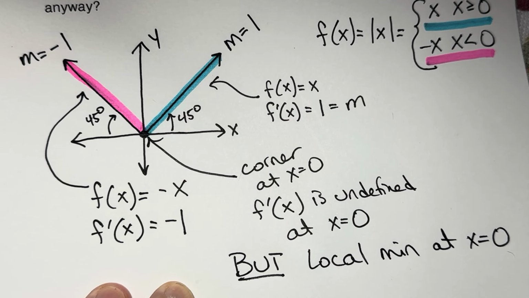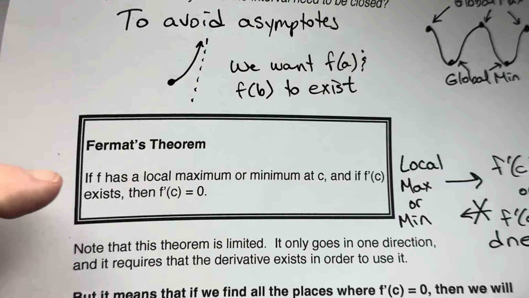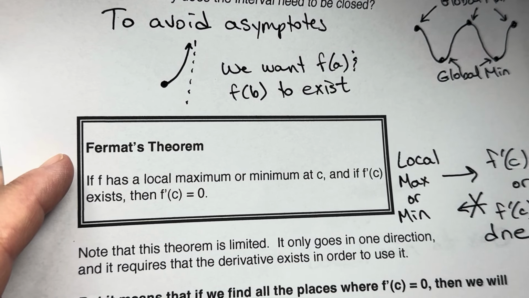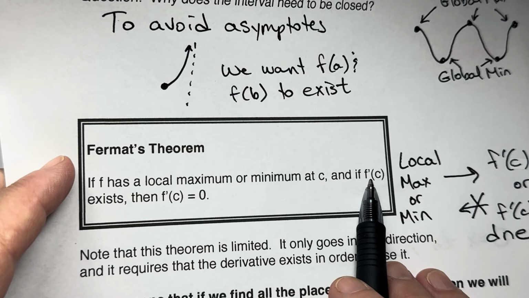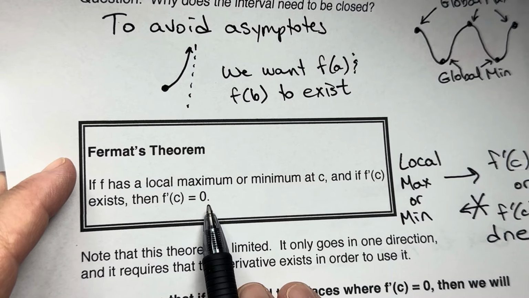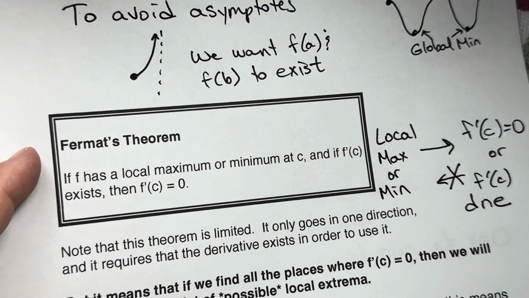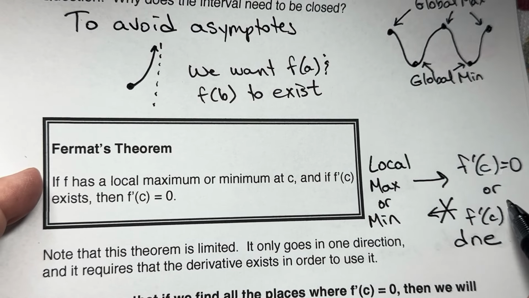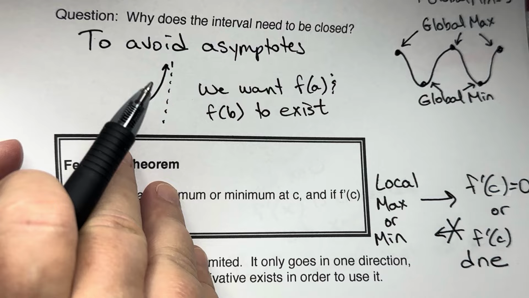And if we go back to Fermat, which we kind of rushed through the first time, it says if f has a local maximum or minimum at c, and if the derivative exists, then the derivative is 0. And that only goes in the one direction. But one of our possibilities is the derivative doesn't exist.